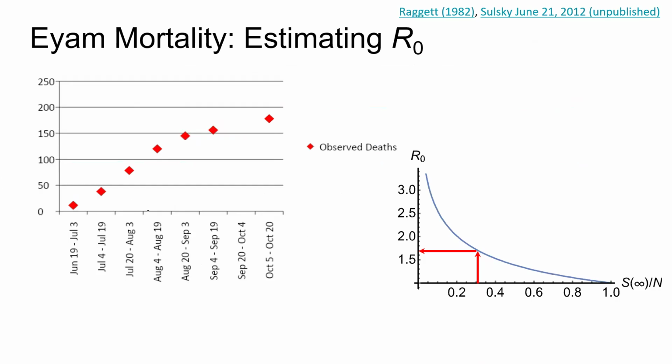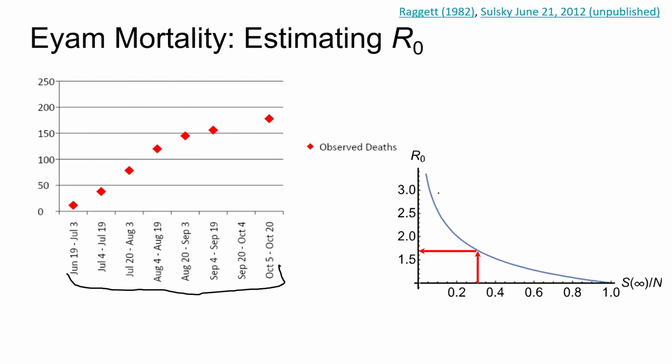So when we consider the Eyam mortality and estimating the R naught of plague in this clinical case study, we see here June through the end of October. So we're talking about 5 months worth of information.